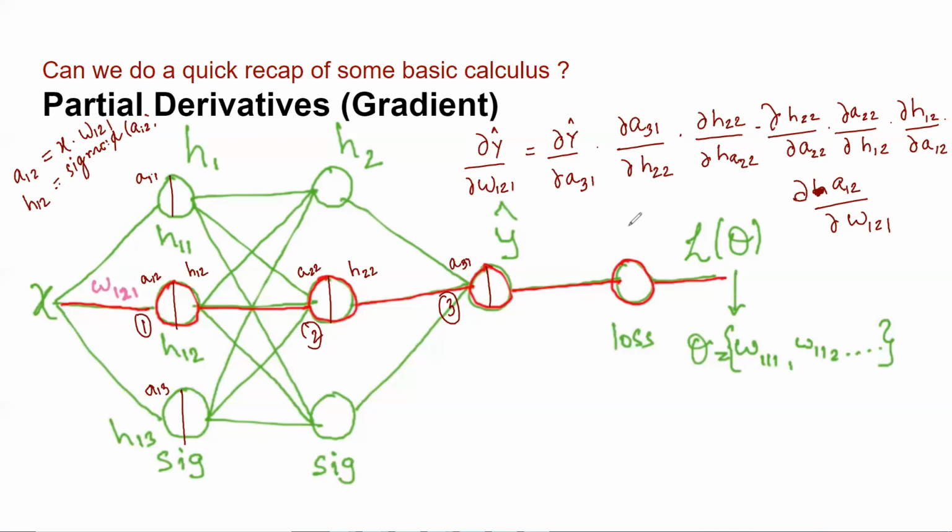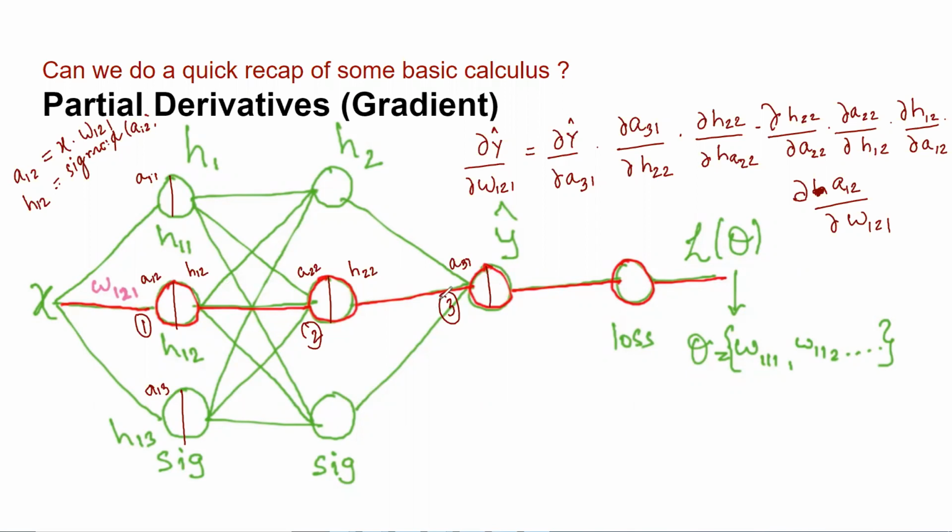Right now I asked you to focus on this red line. But the effect of this neuron will be on this also, this also, this also. So first we see what the different possible routes are between the neuron and my target neuron, and we compute the derivative for each route.